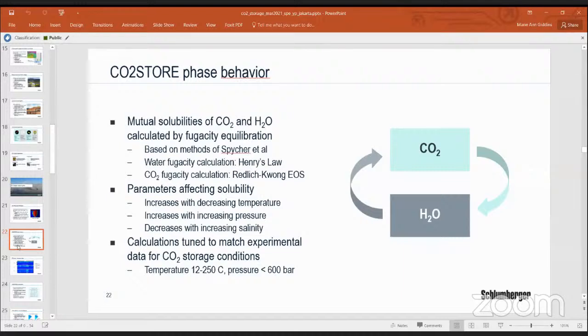So we need to understand the interaction with salinity, not reject saline storage water. The calculations in CO2 store are tuned to match the experimental data for typical CO2 storage conditions. So that's between 12 and 250 C and pressures below 600 bar.